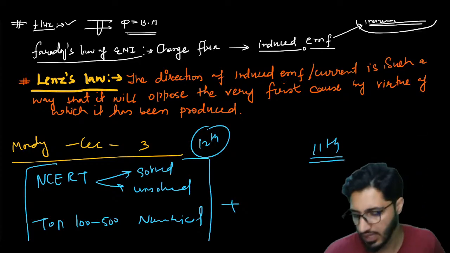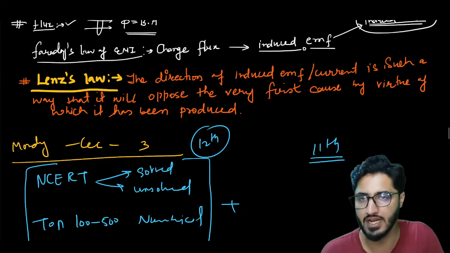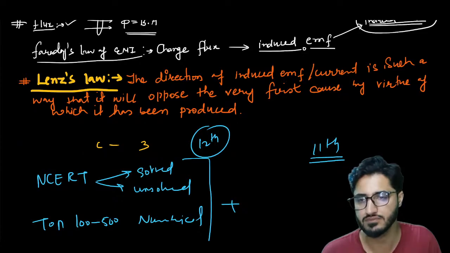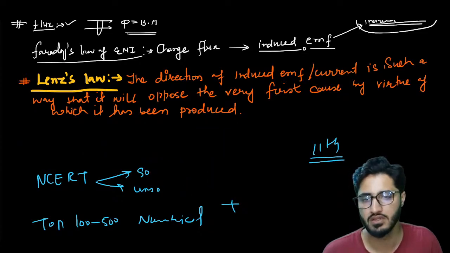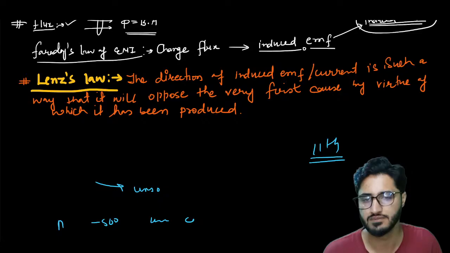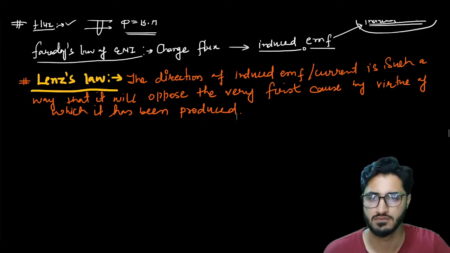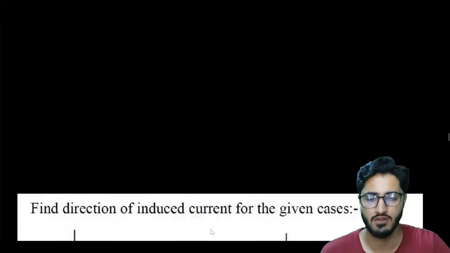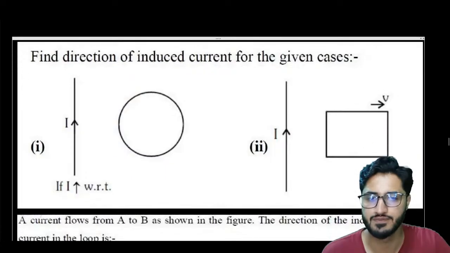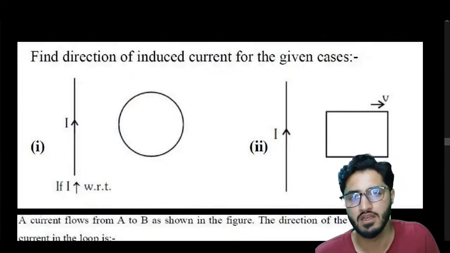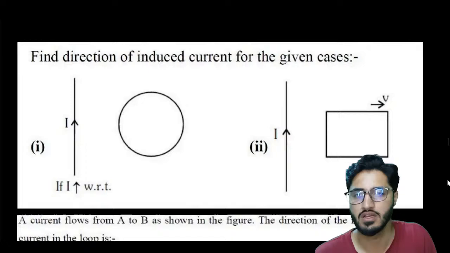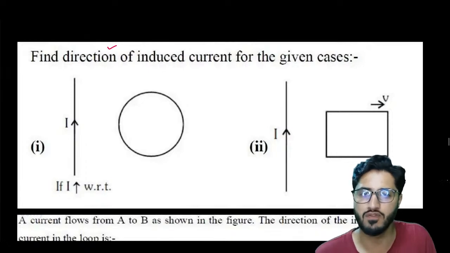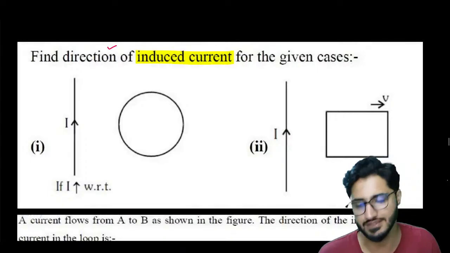Okay, sir, how can we get a better understanding? Look now, we have some numericals. From these numericals you will get the idea. First numerical: find the direction of induced current for given cases.